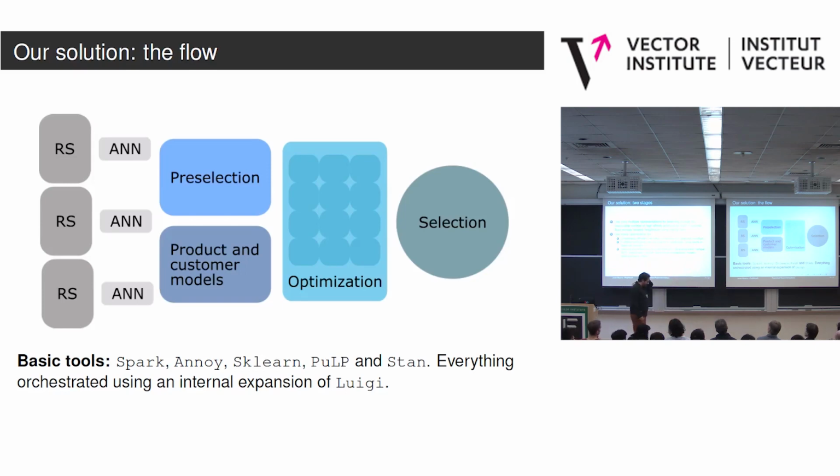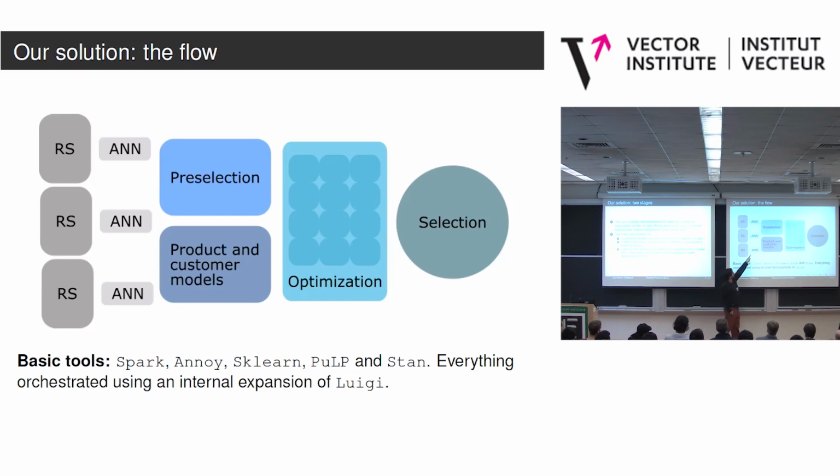So what you do is you encode the representation of the item set using an approximate nearest neighbor index in a tree, and then that's the thing that you look for. So you don't get exactly the closest 100 items, but you get something that works. So after that, we get a preselection of 200 items for each of these. Then we inject the product and customer models that require lots of computations. Then we do a linear optimization for each customer, and at the end we get selections.